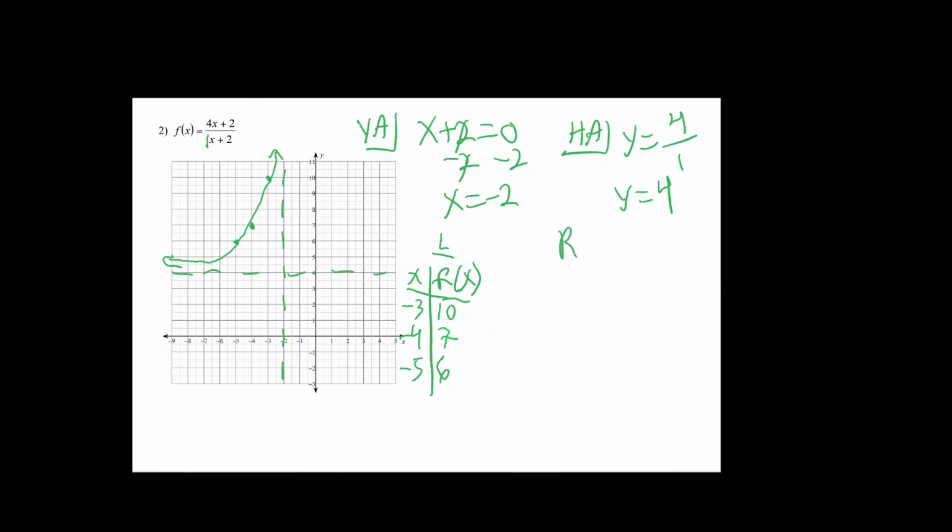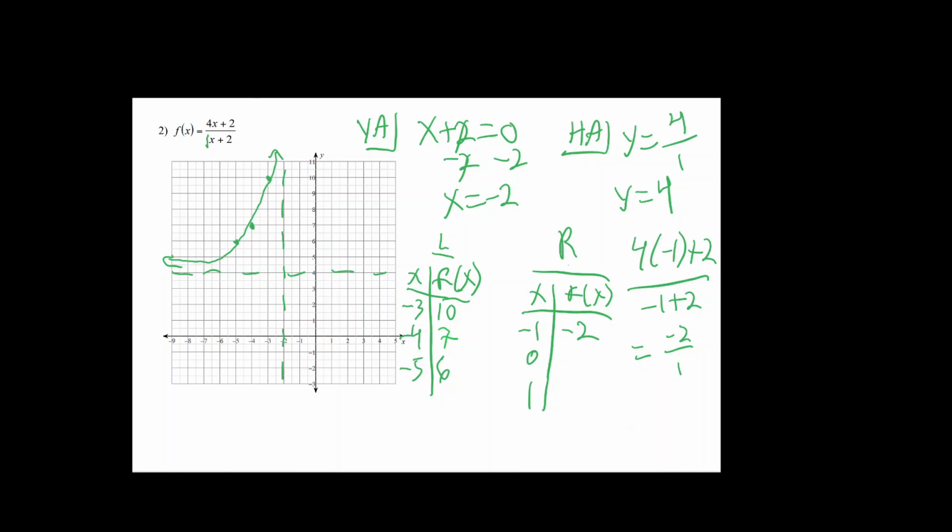So now, right-hand side, x, f of x, we're going to go -1, 0, and 1 for all the x values to the right of the vertical asymptote there. So take -1, plug it in, end up with 4 times -1 plus 2, all over -1 plus 2, end up with -2 over 1.